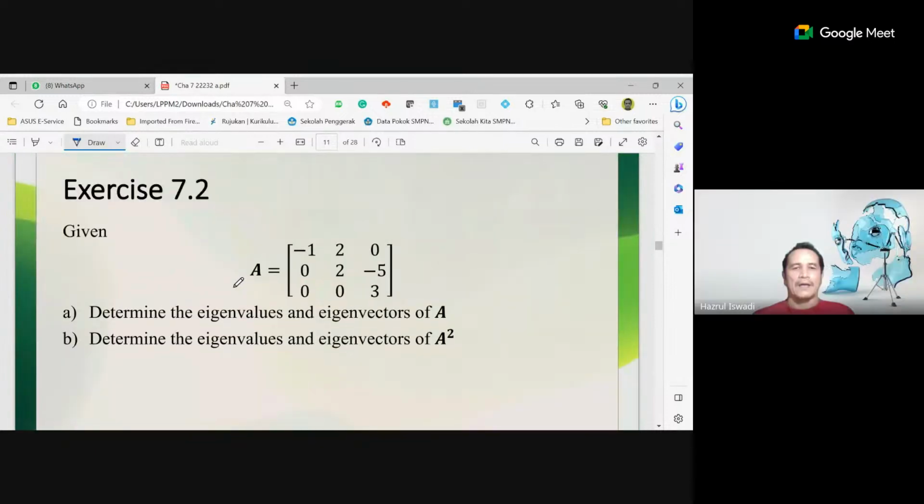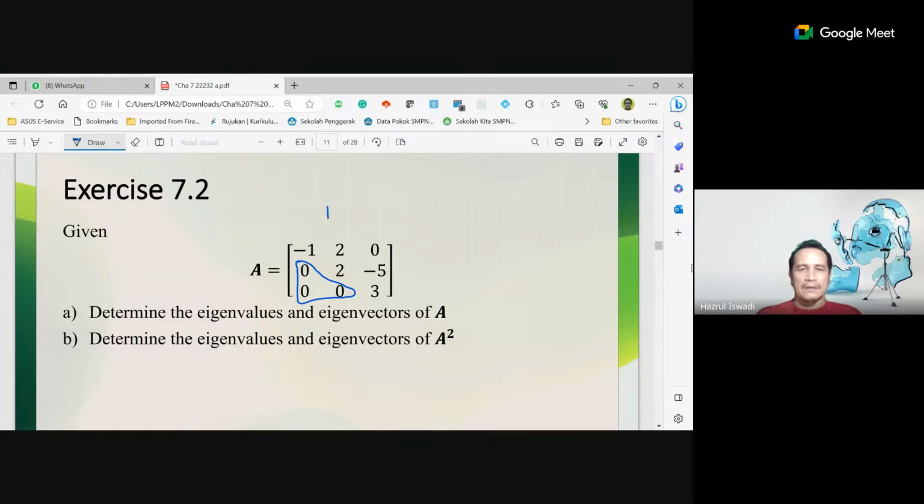Now exercise 7.2. We have this matrix A, and as we know from the property, this is a triangular matrix. We know this matrix is triangular because the elements below the main diagonal are zero.